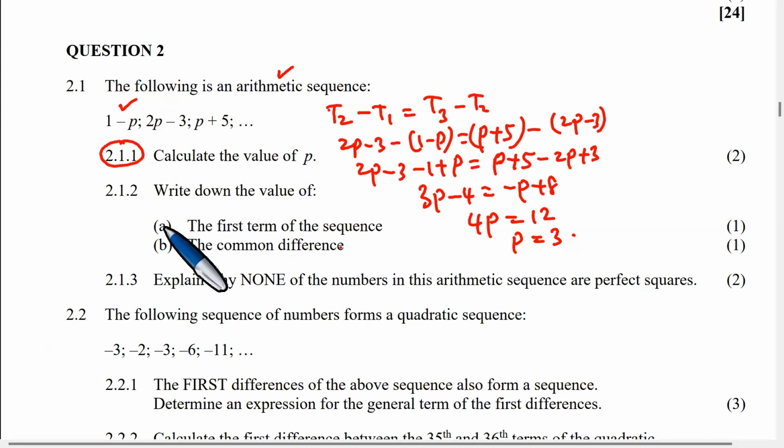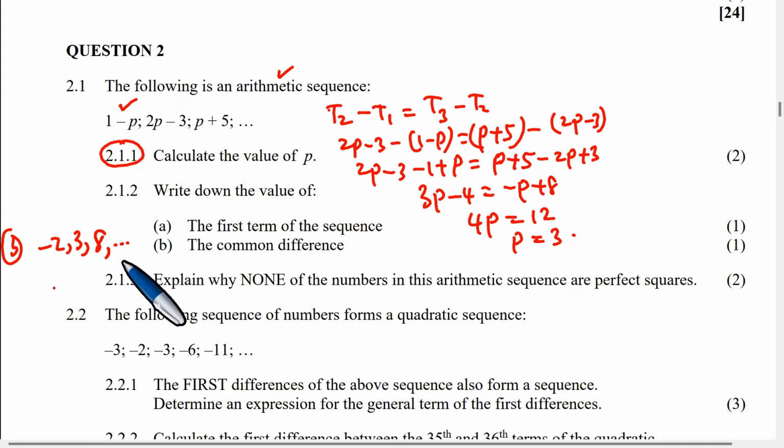So we would have the sequence in part B. If you put 3 here, it becomes 1 minus 3, which is minus 2. You put 3 in the place of p, because p is 3, you have 6 minus 3, which is 3. You can even go on, you put 3 in the place of p, so 3 plus 5 equals what?